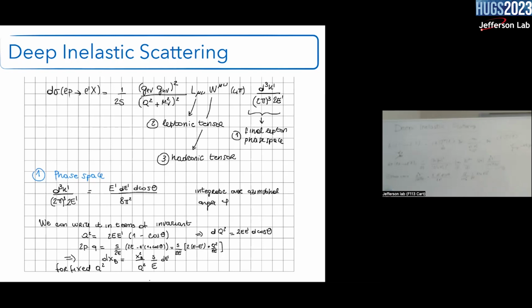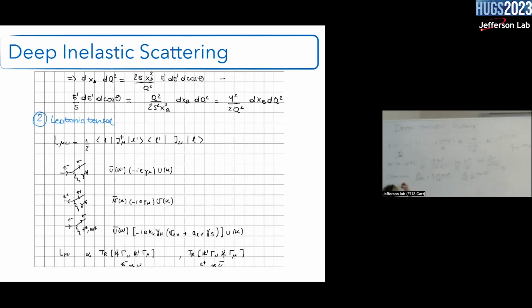And then we need the other two bits. The leptonic tensor is easy. We write it just like the amplitude that we wrote before, with the normalization factor 1/2, L J mu complex conjugate L prime, and then L prime J mu L. We can compute those as the trace over the amplitudes.